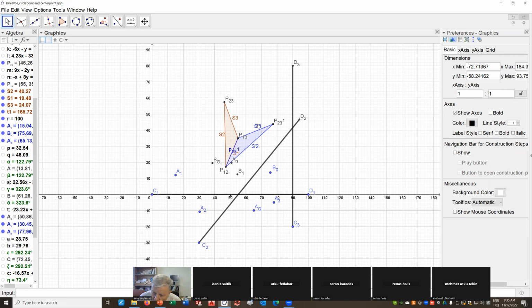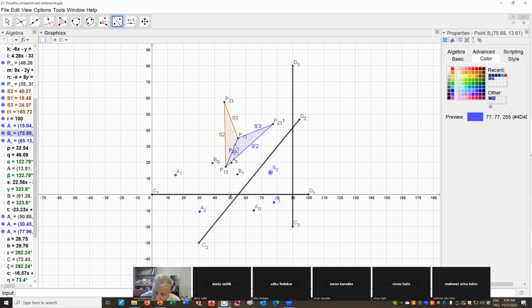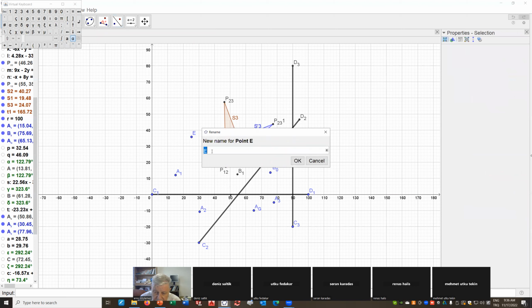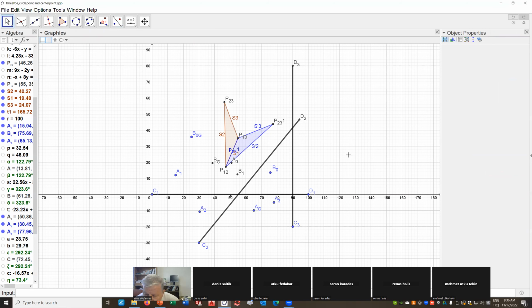Now, I can use this image pole triangle as if it is the pole triangle with B0 as the circle point. I will take the image of B0 with respect to side 1. This point, I will rename it as B0G. That's the ground point for B0.